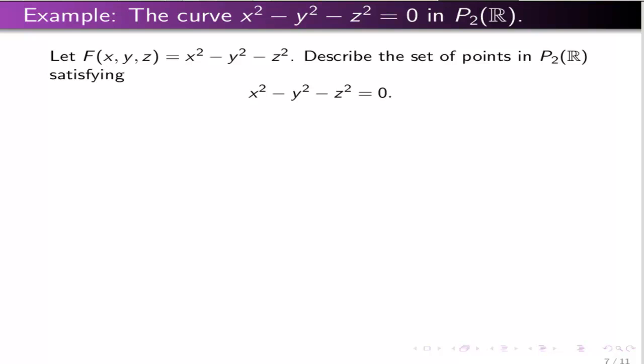Okay, let's look at some examples. So here's a quadratic polynomial, x squared minus y squared minus z squared equals 0. And I want to describe that set of points in the projective plane. So we've got the finite points.